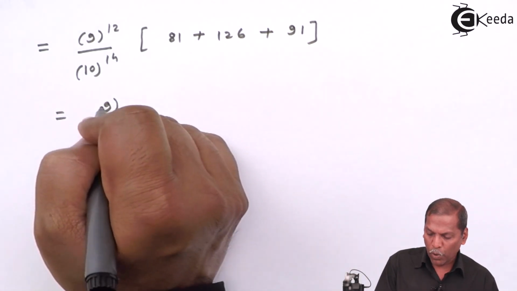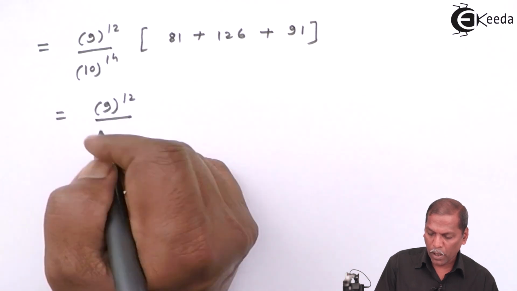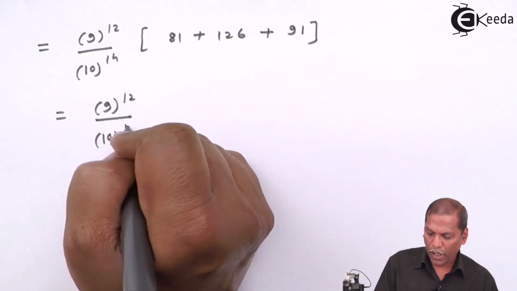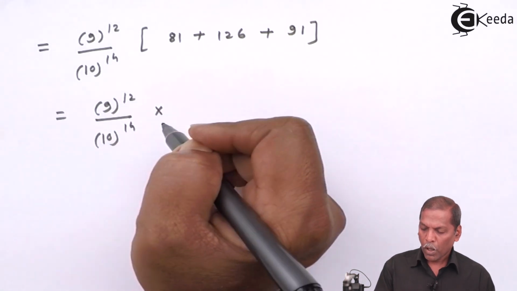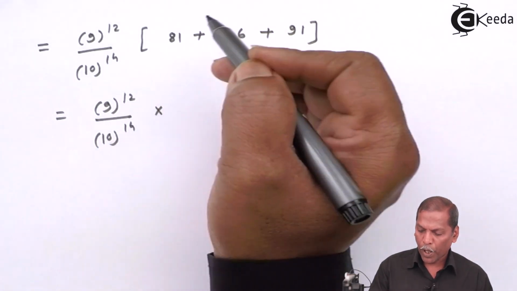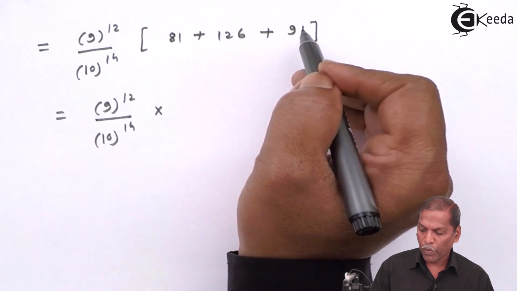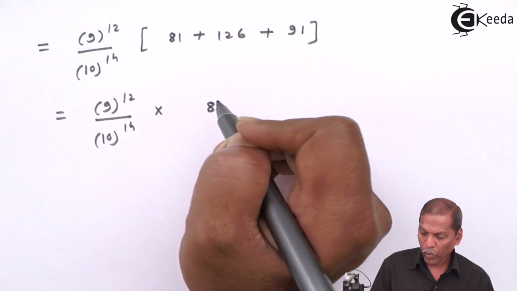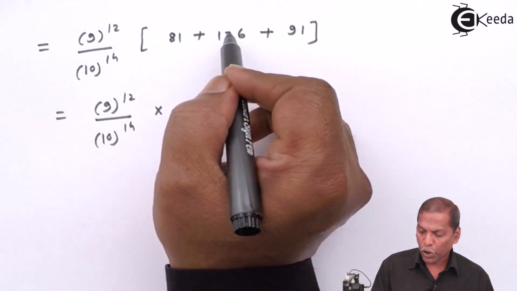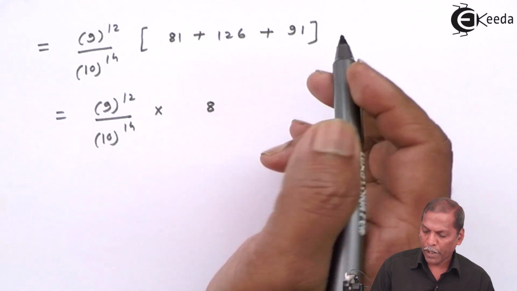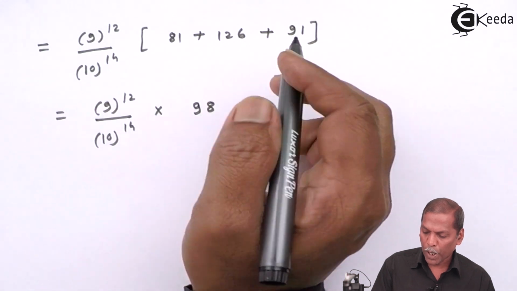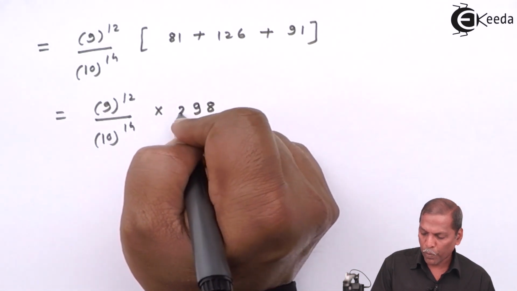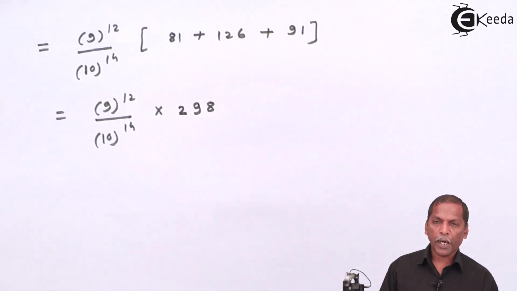So that is equal to 9 raised 12 upon 10 raised 14 into, now here 1 plus 6, 7, plus 1, 8, then 8 plus 2, 10, plus 9, that is 19, carry 1, and 1 plus 1, that is 2. So we get totally 298.